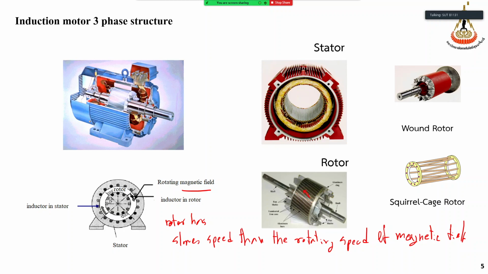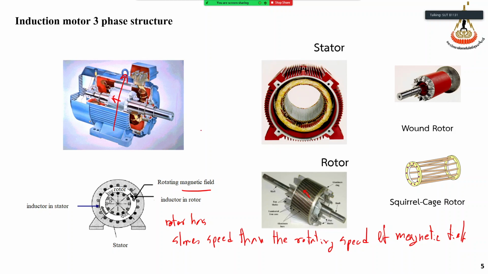The current occurs because the magnetic field changes through this conductor. The change of magnetic field causes current to flow, and when current flows in a conductor in a magnetic field, force is produced. Then the rotor rotates in the same direction as the rotating magnetic field, but at slower speed.